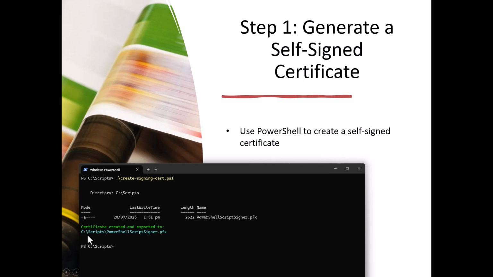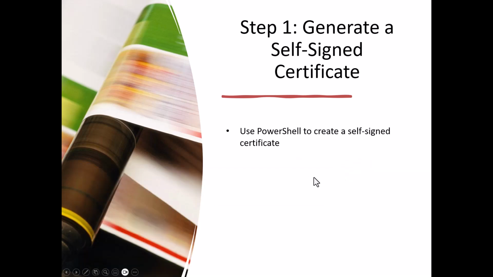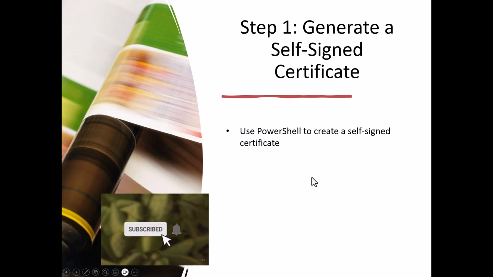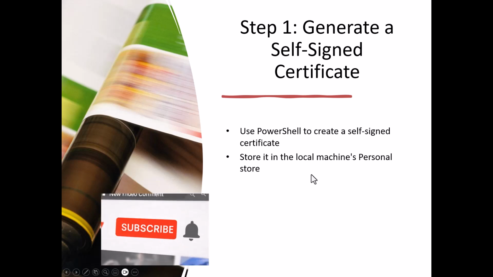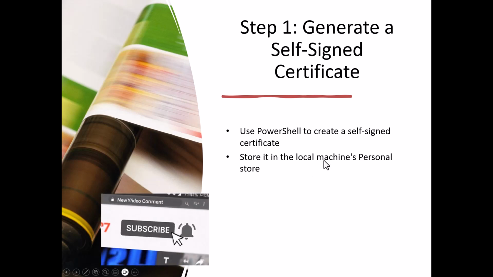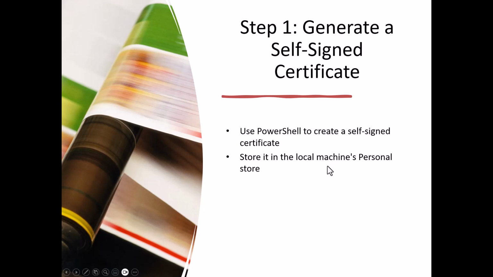C scripts is the root path, and this is the PFX file, PowerShellScriptSigner, exactly as per our script, which we will look at again soon. So that script creates the self-signed certificate, stores it in the local machine's personal store, and exports the certificate as a PFX file. The next step will be the import to trusted stores.